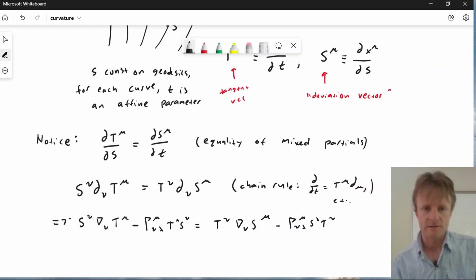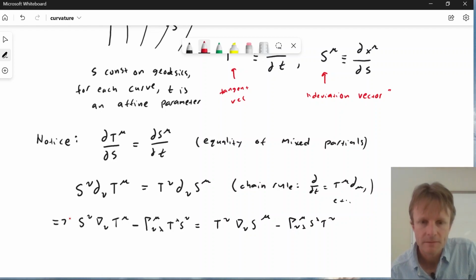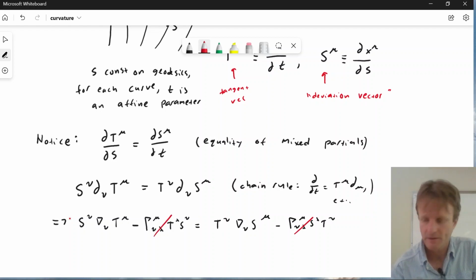And if there's justice, these will be the same term. Mu nu lambda t lambda s nu, mu nu lambda s lambda t nu, but the Christoffel connection is symmetric on the lower two indices. So these are the same term. Okay.